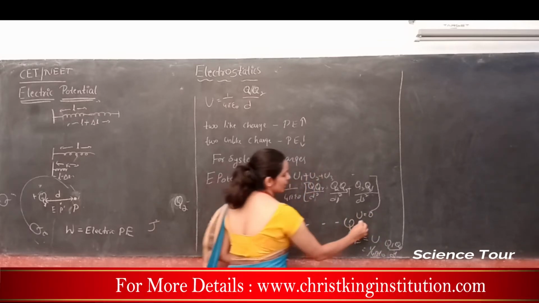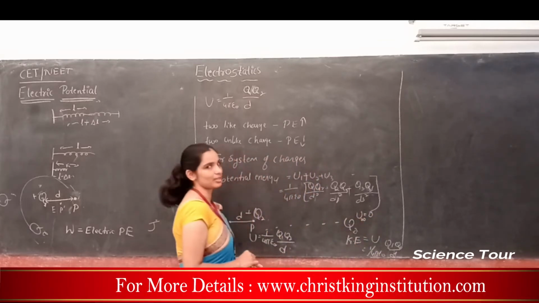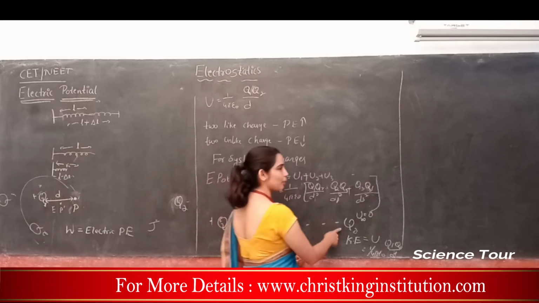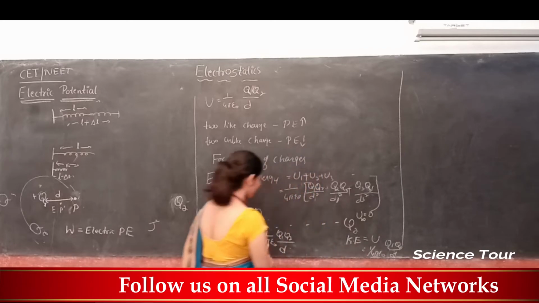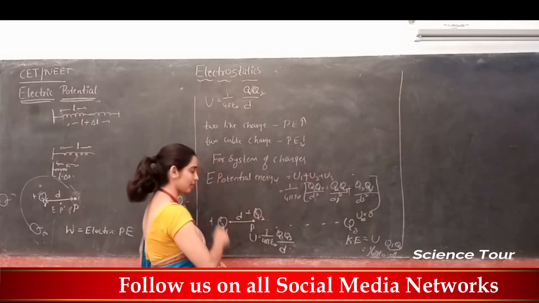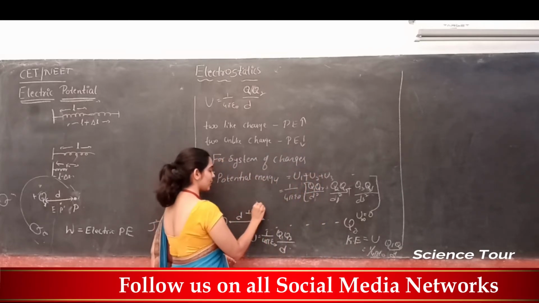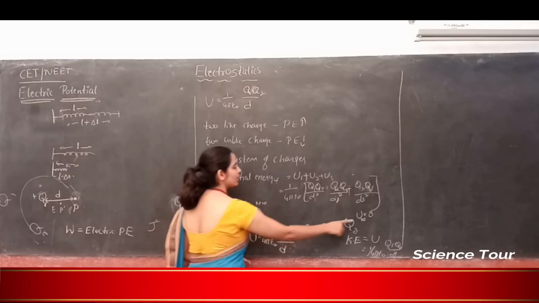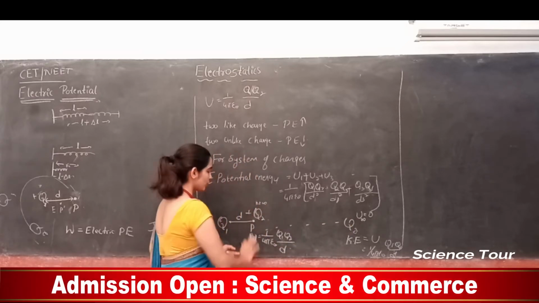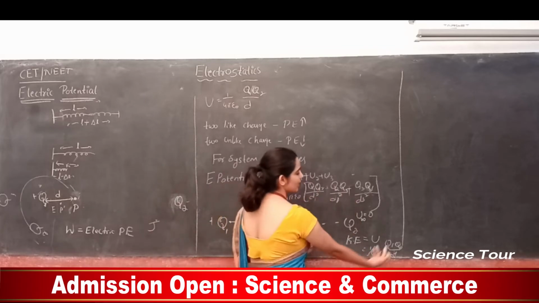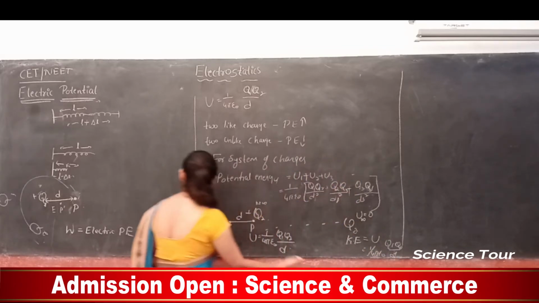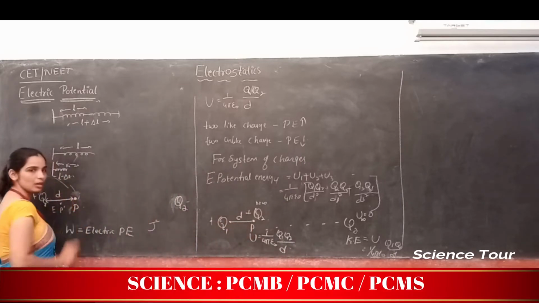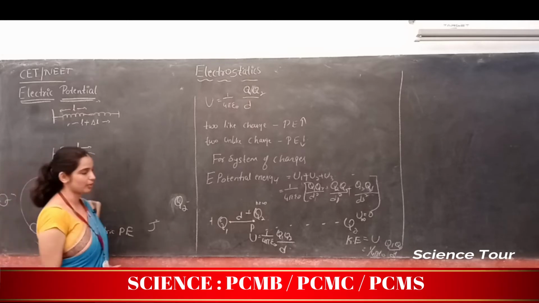But the kinetic energy will be equal to the potential energy it had here. Here its kinetic energy is zero, there its potential energy is zero. So the potential energy is converted into kinetic energy when it is repelled back to infinity. When it is brought from infinity to a finite position, the work done is stored as potential energy.